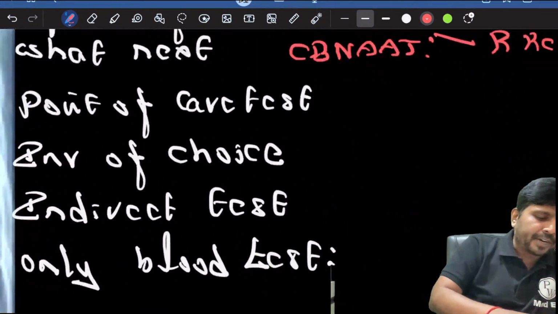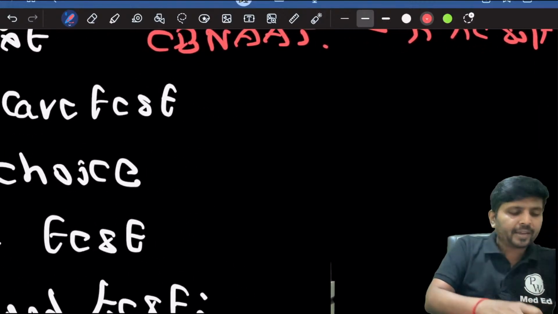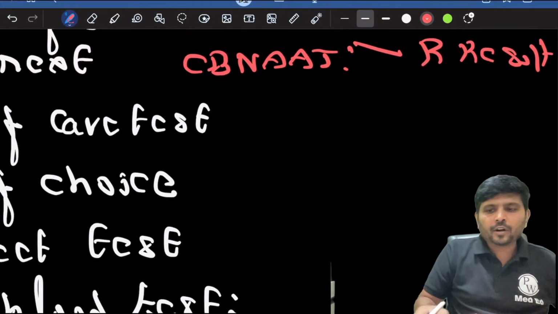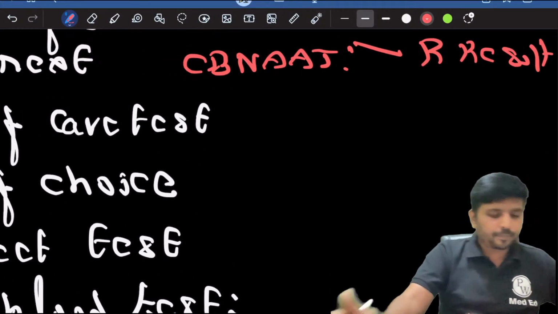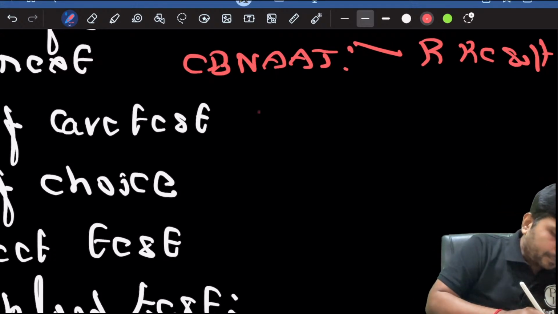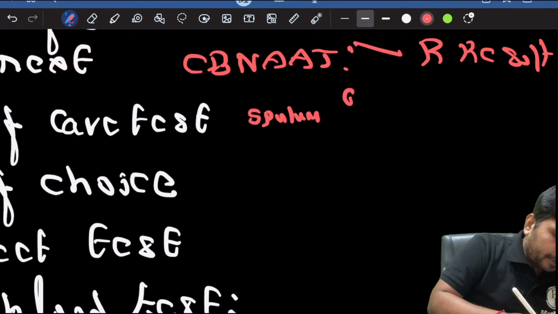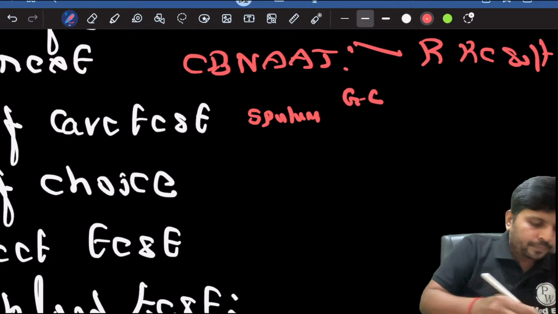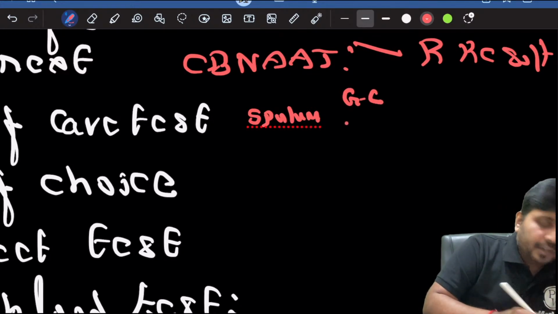Fourth point. What is the point of care test in case of TB, as we discussed already? The point of care test is sputum. What are all the samples?